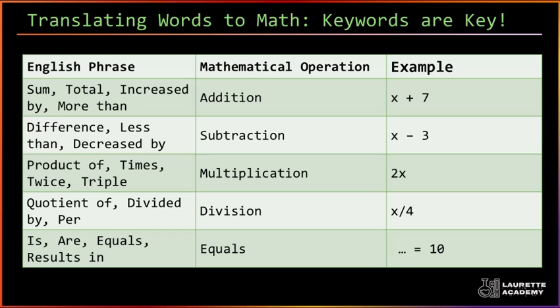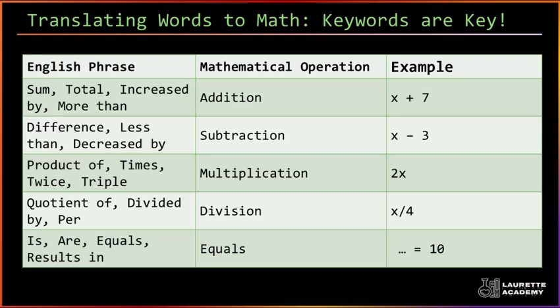Be careful with less than. 5 less than x is x minus 5, not 5 minus x. Product of, times, twice, or triple indicate multiplication.